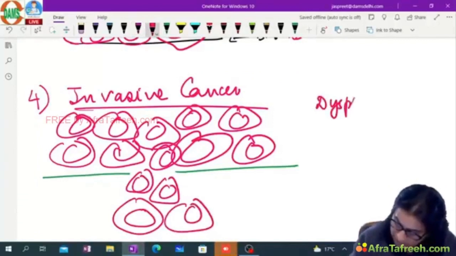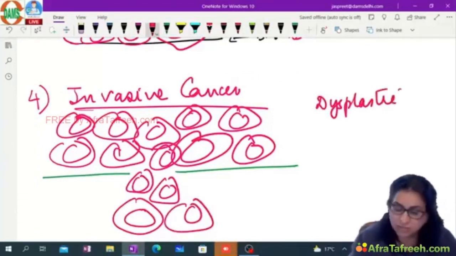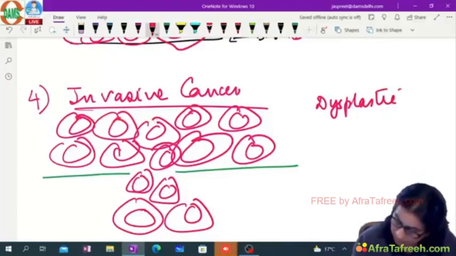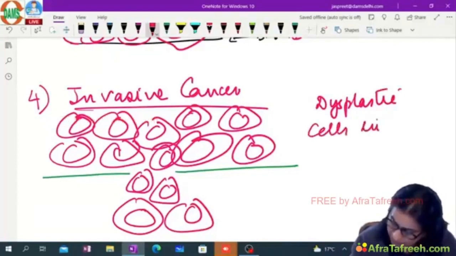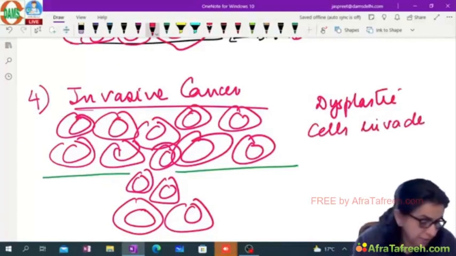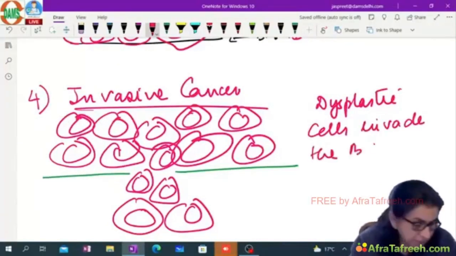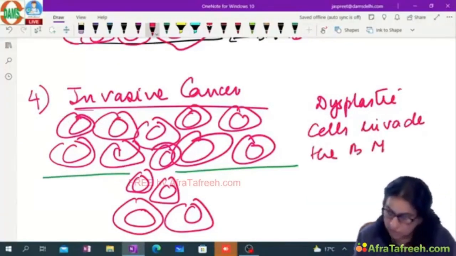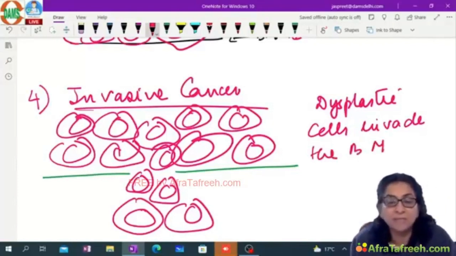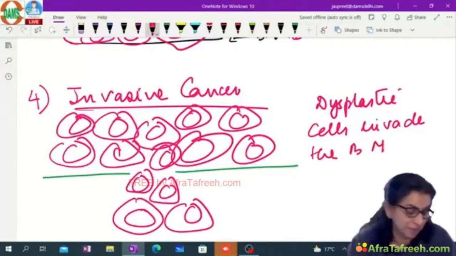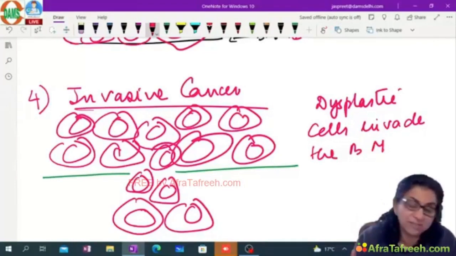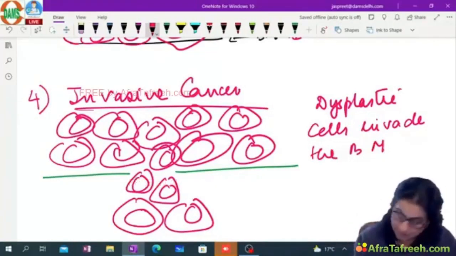So the abnormal cells which have lost their orientation, the dysplastic cells, invade the basement membrane. These dysplastic cells produce enzymes, like collagenases, that break the basement membrane.